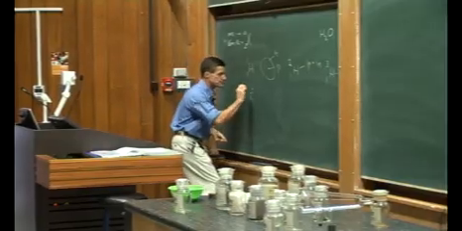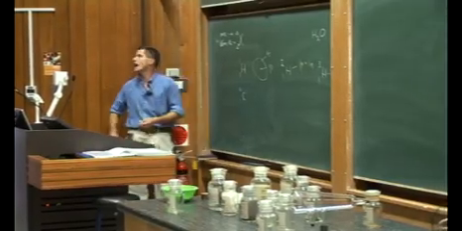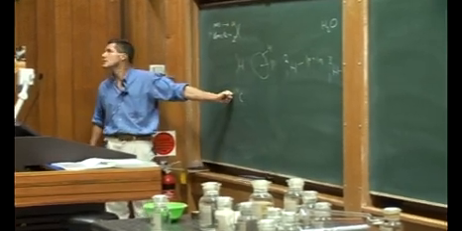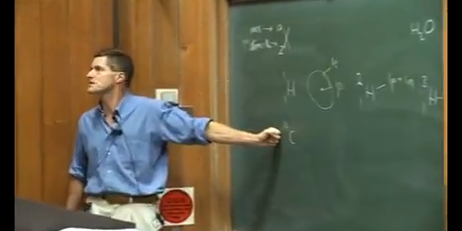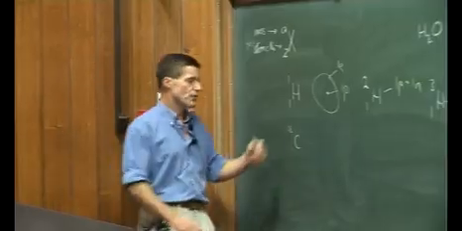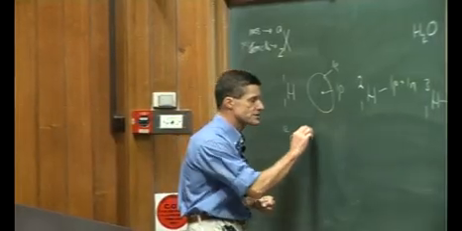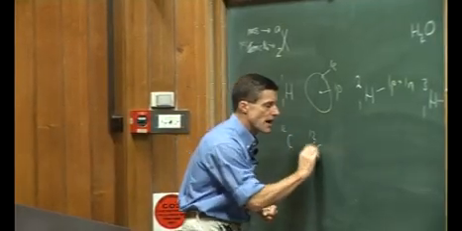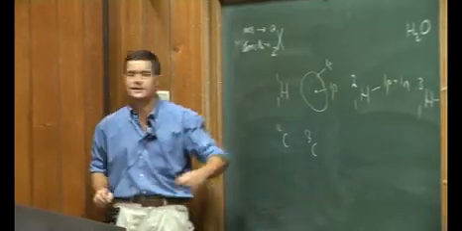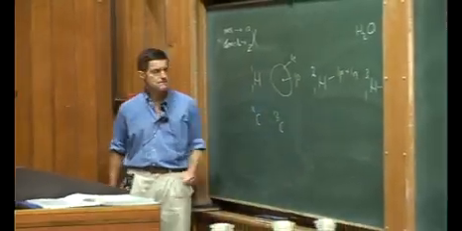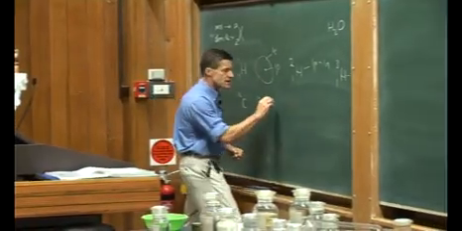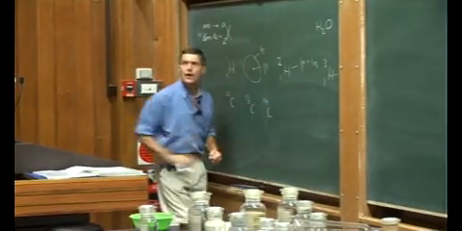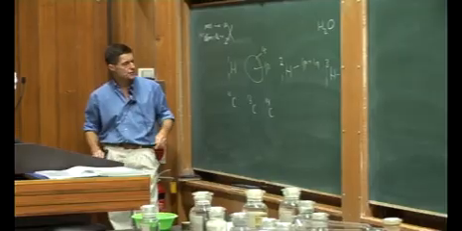Carbon, for example, has a composition that's about 98.9% carbon-12, about 1.1% carbon-13, and then there are small traces of, for example, carbon-14.